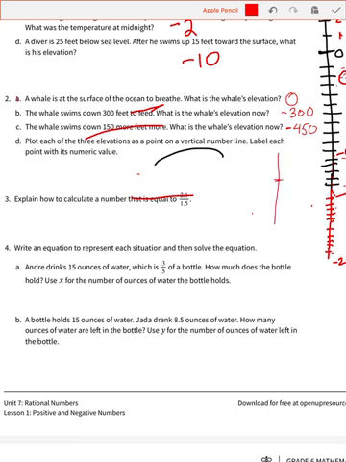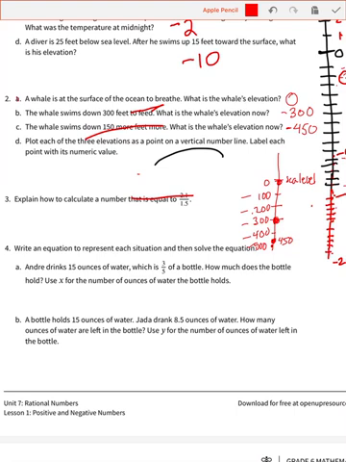So this is 0, and then 100, 200, 300, 400, and 500. 0 is sea level. 300, and these are negatives, by the way, and 150 feet more would be here at 450. So 0, negative 300, and negative 450.